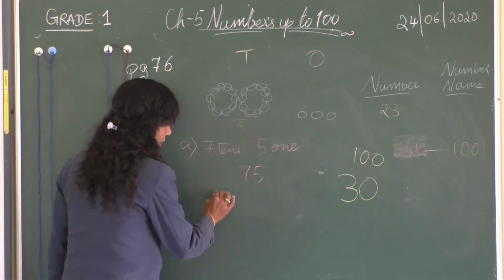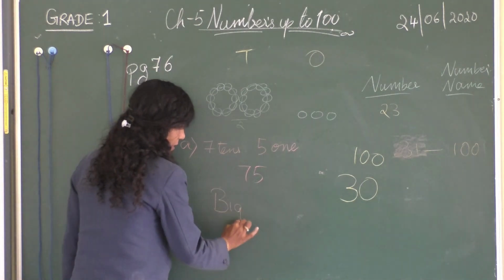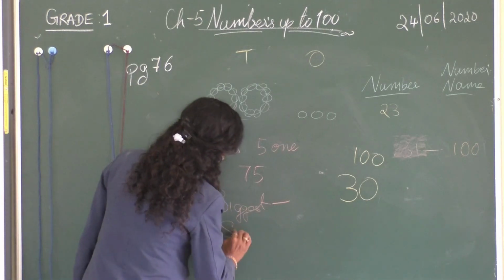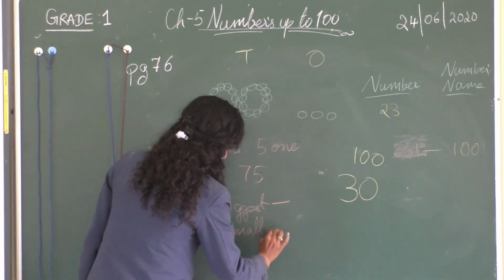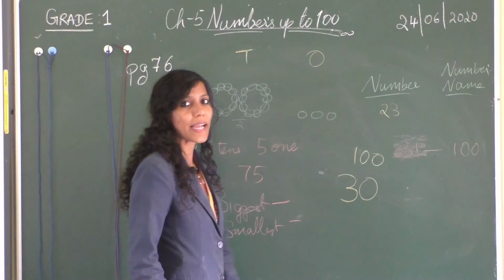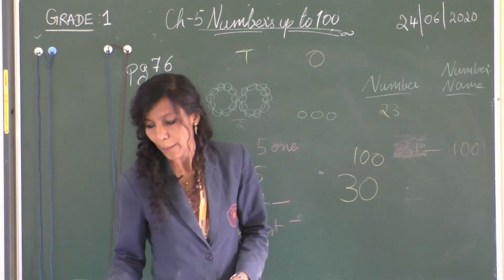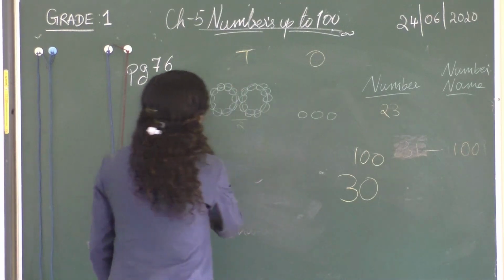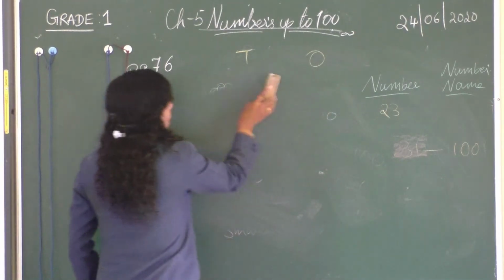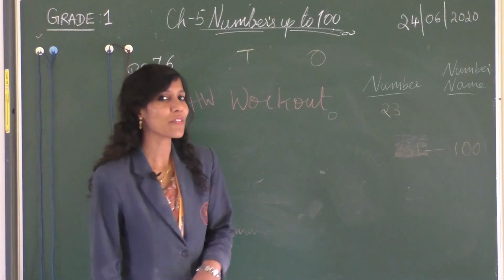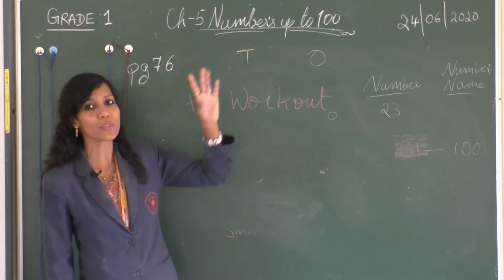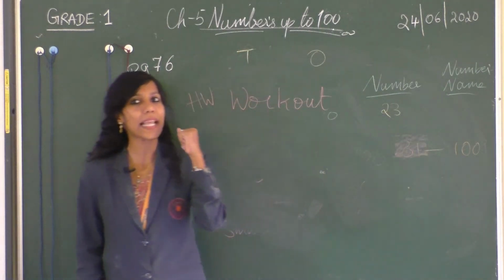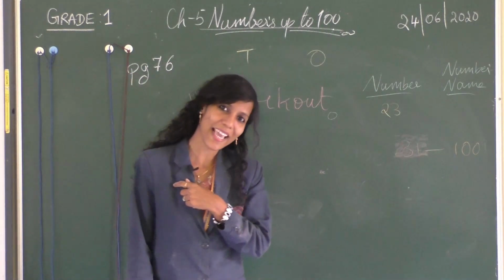So you have to write biggest and smallest in this. This will be your homework. So here we are done with the chapter numbers up to 100. Our 5th chapter is over. So we'll meet you in the next session. Till then, take care. Bye-bye.